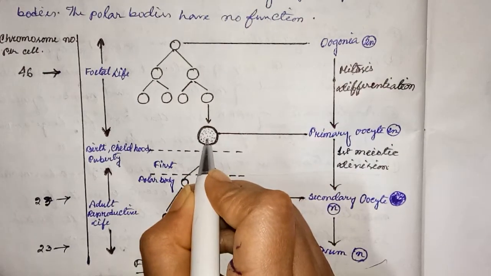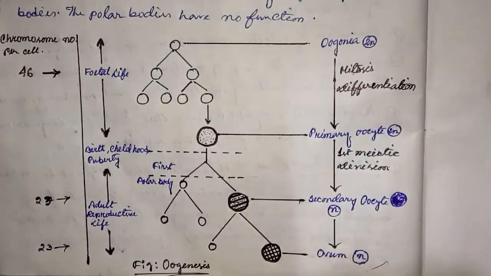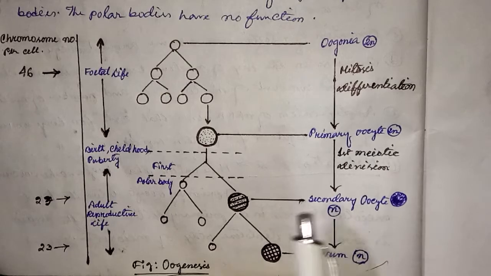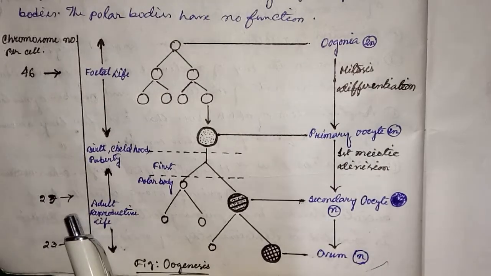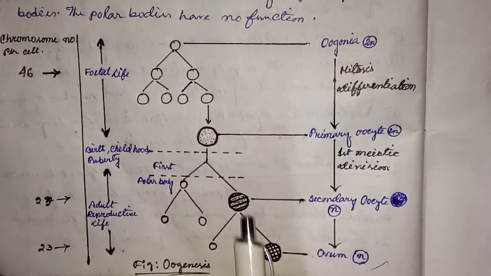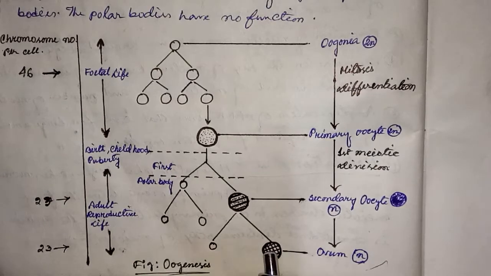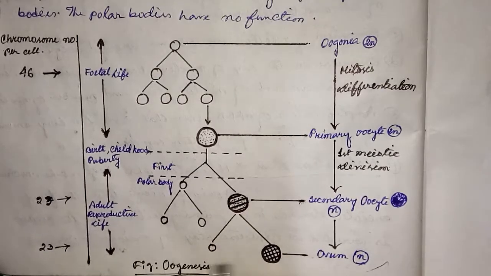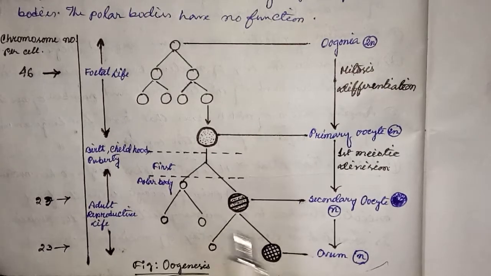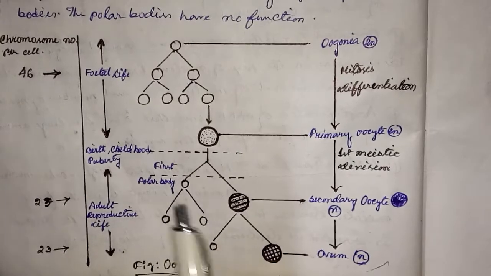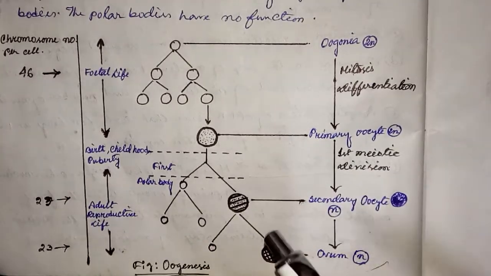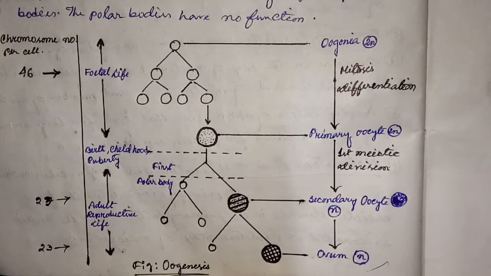But now by the first meiotic division, the secondary oocyte is formed, which is n or 23 in chromosome number. And next, the ovum is produced from the secondary oocyte, and the ovum is n, that means 23 in chromosome number. And here it is the first polar body. So here it is the overall structure of oogenesis, the schematic diagram of oogenesis.